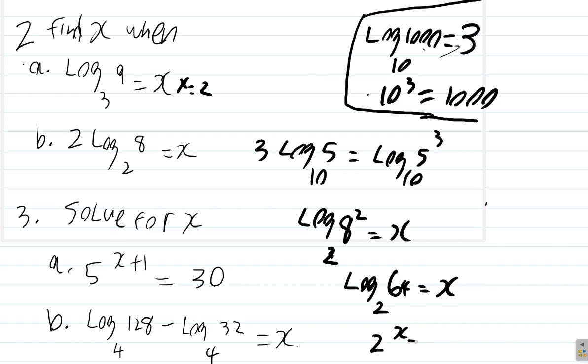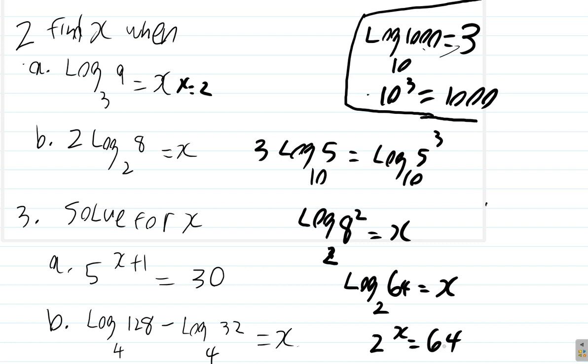So 2 to the x is equal to 64. You see that? Now, how many 2's must multiply to give us 64? Whatever that is going to be x.